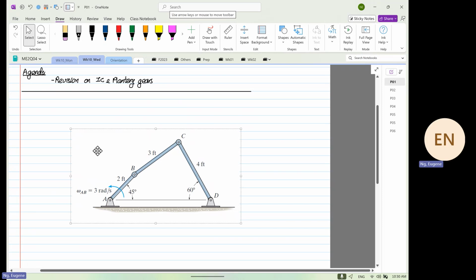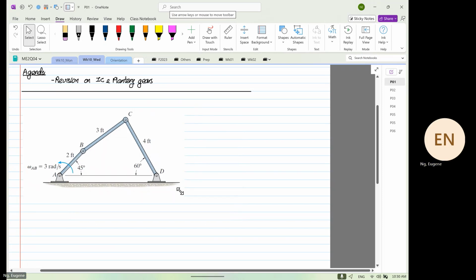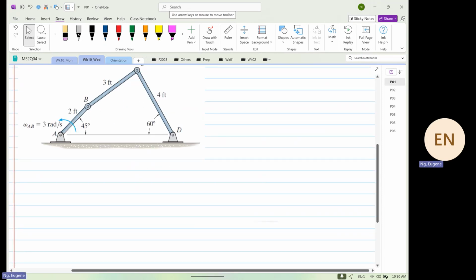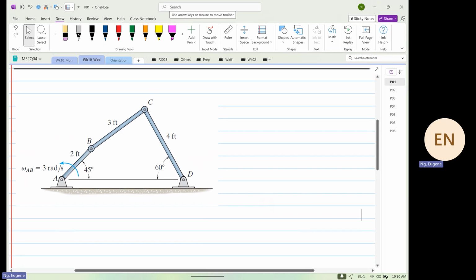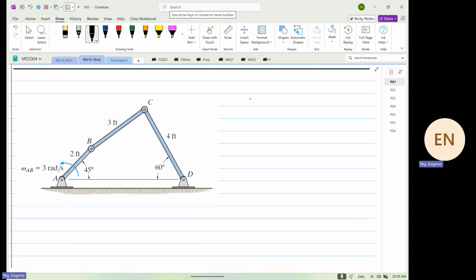So what we are going to look for, right? And you have done this, by the way. We know that from the instantaneous method, we found that Vc is equal to 0.204 meters per second.